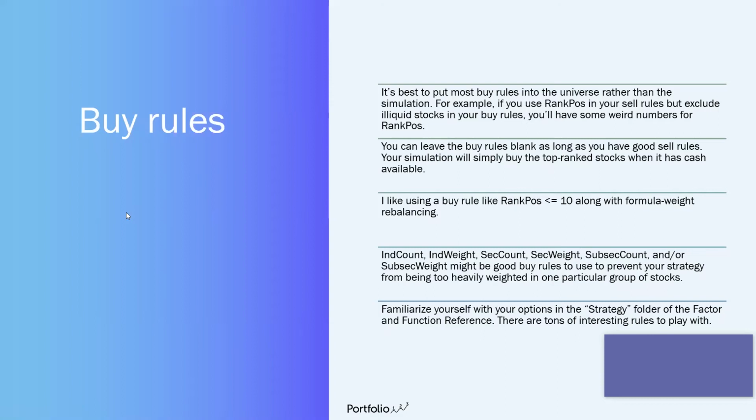I like using a buy rule like rank position is less than or equal to 10, along with formula weight rebalancing. The rules that are end count, end weight, security count, sector count, sec weight, subsector count, and so on, those are really good buy rules to prevent your strategy from being too heavily weighted in one particular group of stocks, unless that's what you want.